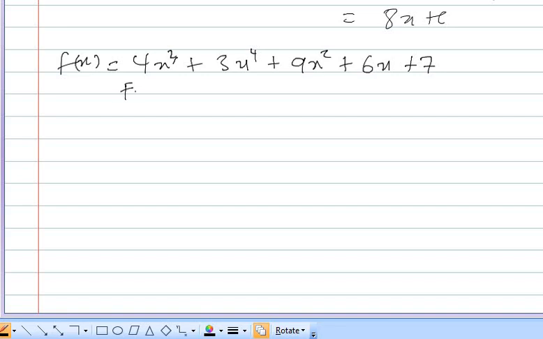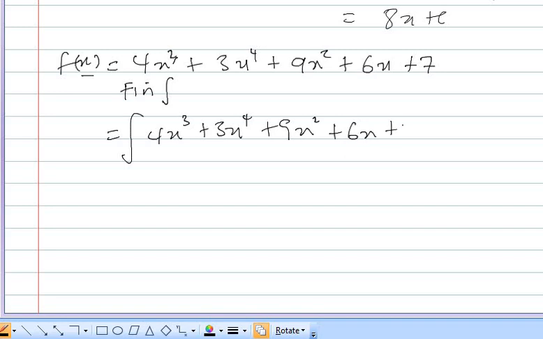So we integrate this function: the integral of 4x to the power 3 plus 3x to the power 4 plus 9x squared plus 6x plus 7.